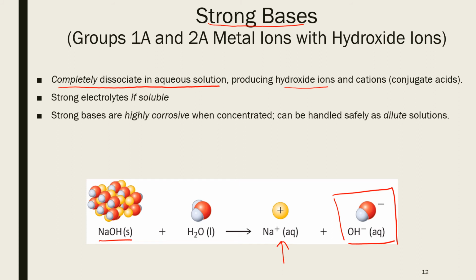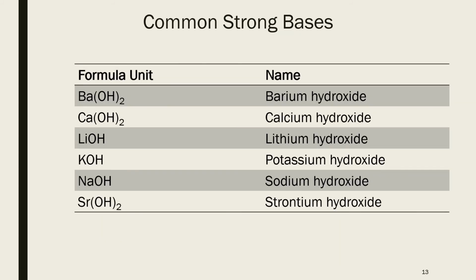Ionic compounds composed of hydroxide ions and group 1A and 2A metal ions form strong bases. Strong bases are also highly corrosive when concentrated, but they can be handled safely as dilute solutions. Examples of common strong bases are shown in this table. All of these examples are ionic compounds between group 1A or 2A metals and hydroxide ion.